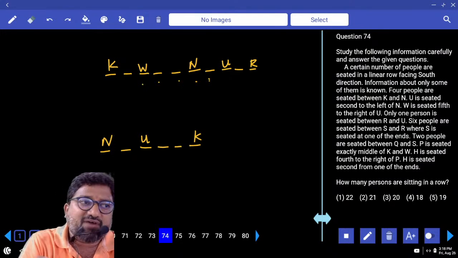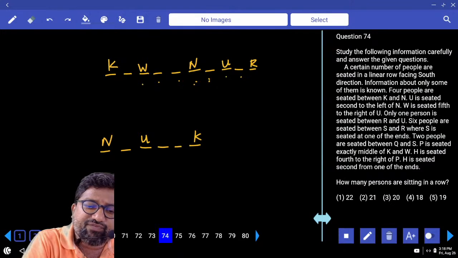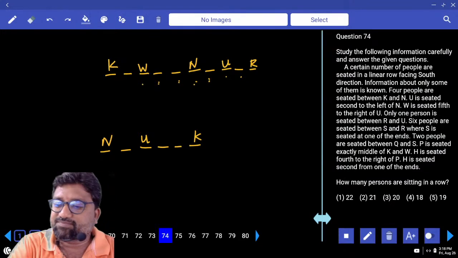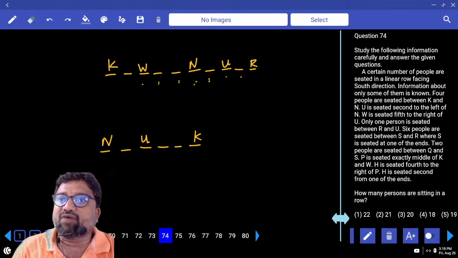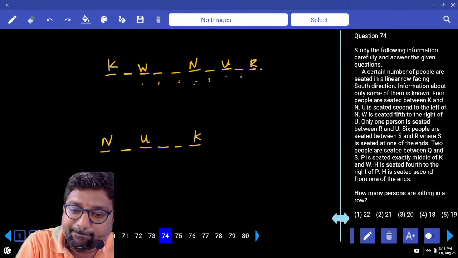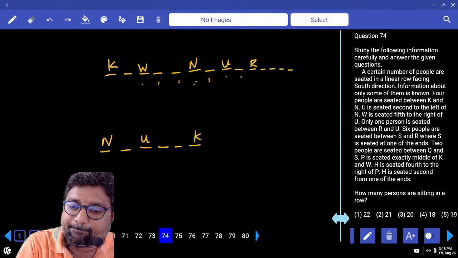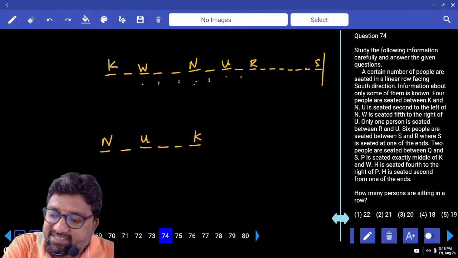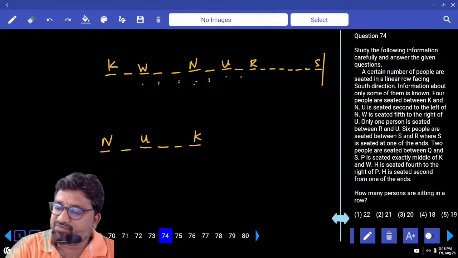I can go towards our left, 1, 2, 3, 4, 5, 6, but that is already occupied by W. So we have to go to our right. S, and it clearly says S is sitting at one of the extreme ends of the line.